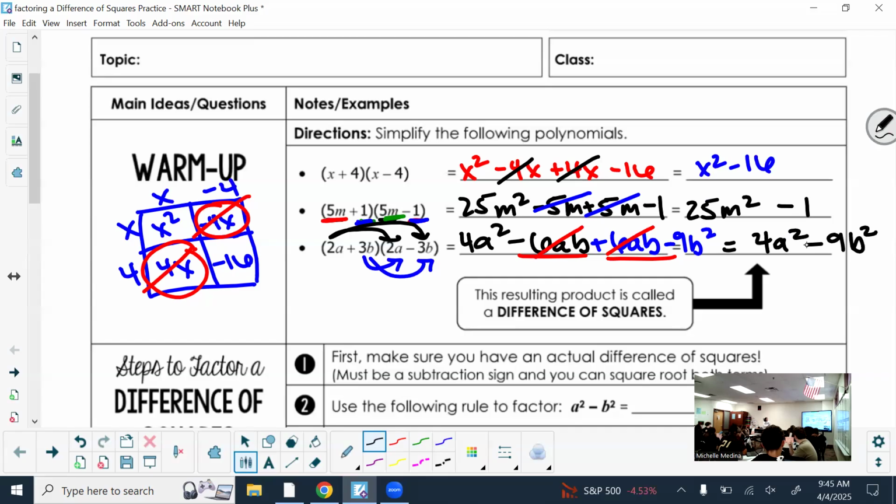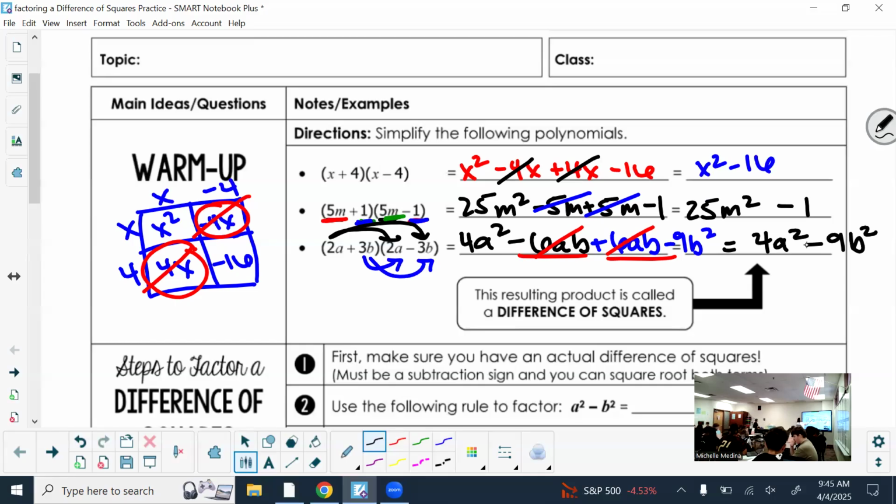All of you, what do those 3 problems have in common? Yes, Tristan? There were like terms. There were like terms that did what in the end? That added to 0, so they canceled out completely.